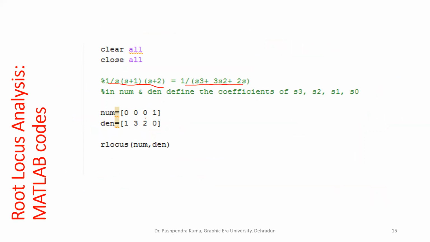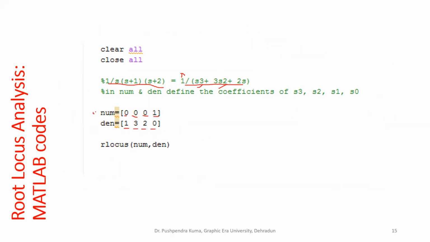In the numerator, the s cube, s square and s coefficients are 0, and the constant term is 1. In the denominator, the s cube coefficient is 1, s square coefficient is 3, s coefficient is 2, and the constant term is 0.